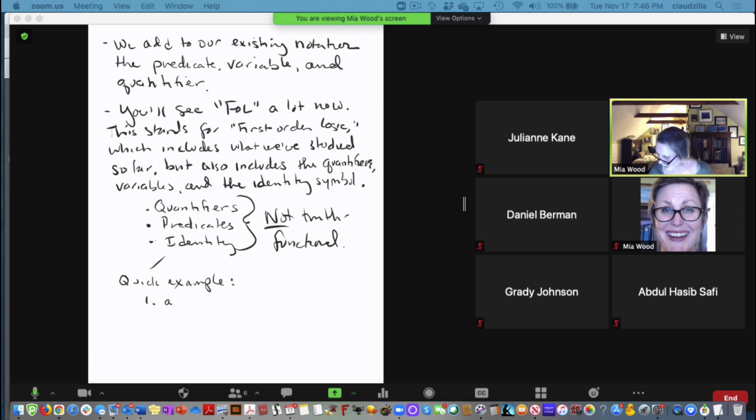Premise 1, A is identical to B. Premise 2, B is identical to C. So, conclusion, A is identical to C. So the argument is valid, but a truth table says it is invalid, and that's because the identity symbol itself is not truth functional.